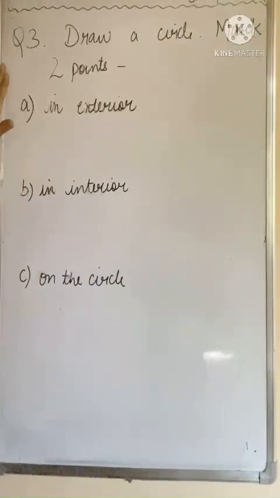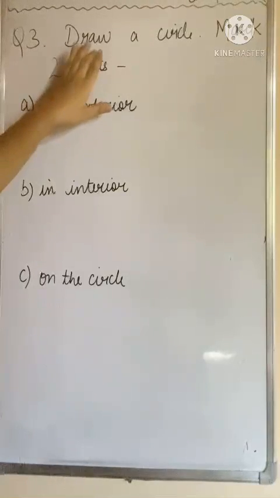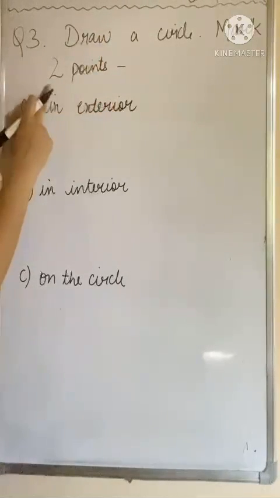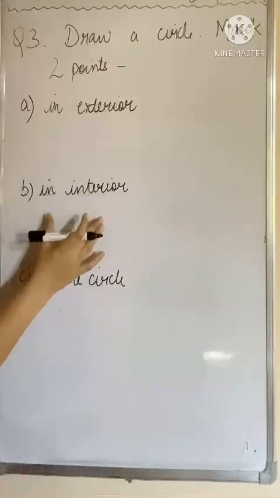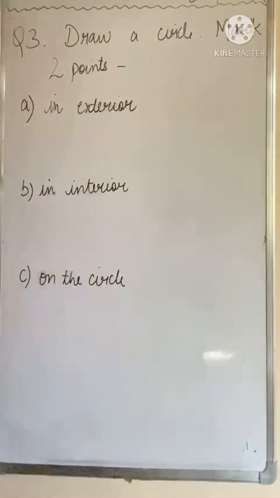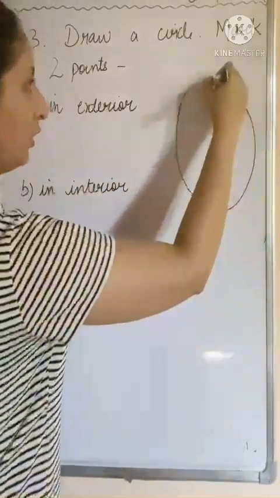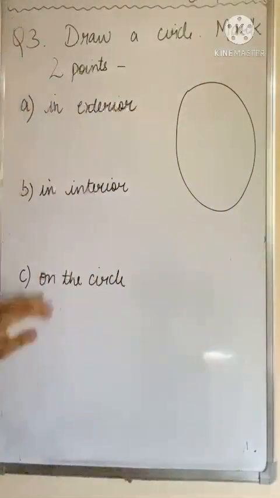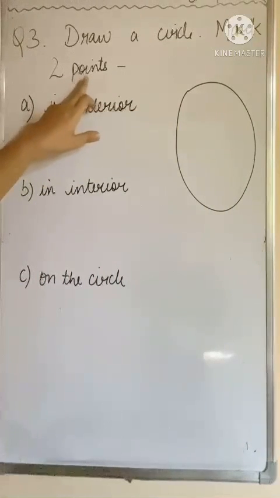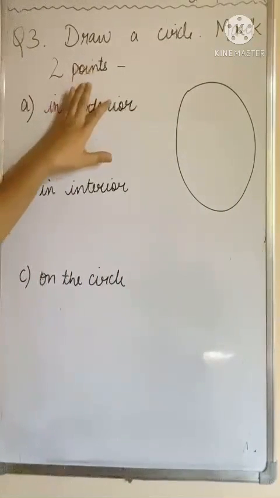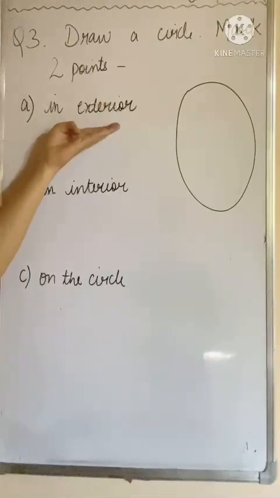Now let's start with question number 3. Question number 3 is, draw a circle first of all and mark 2 points in the exterior, interior and on the circle. First of all, let's draw a circle. I have drawn a circle over here. The next step is they are asking to mark 2 points which are in the exterior of the circle.